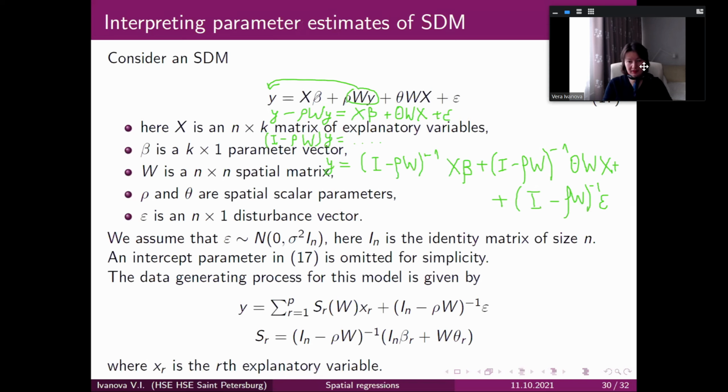So we can see that the coefficient corresponding to x variables is not equal to beta, because rho W is not zero.